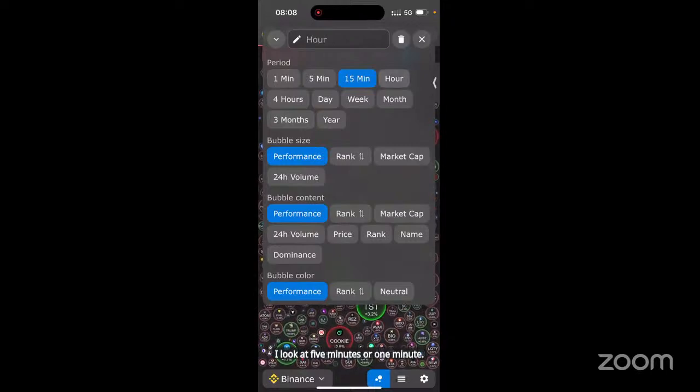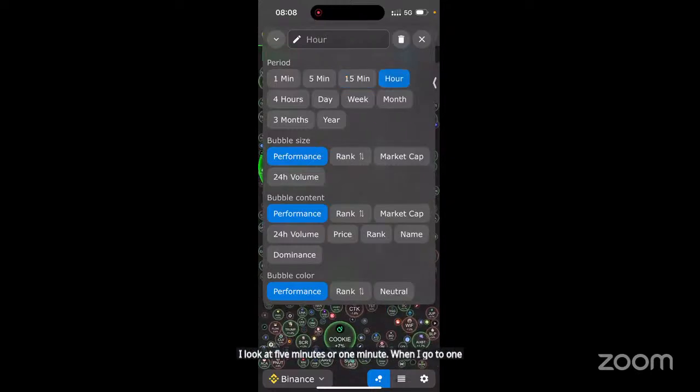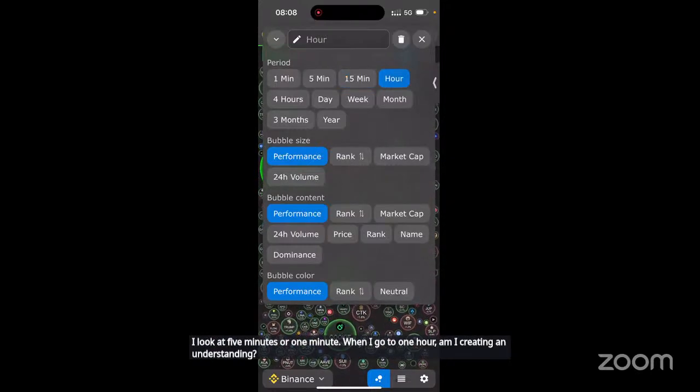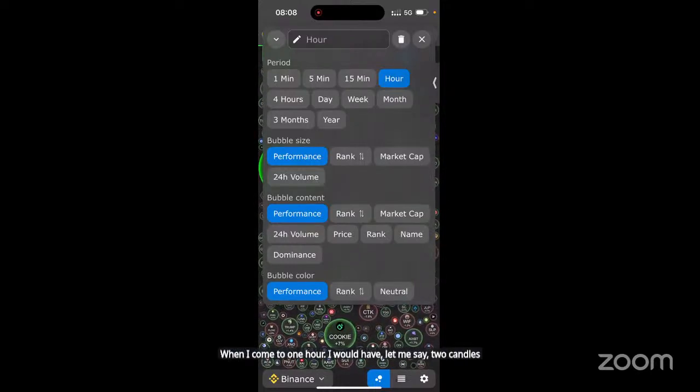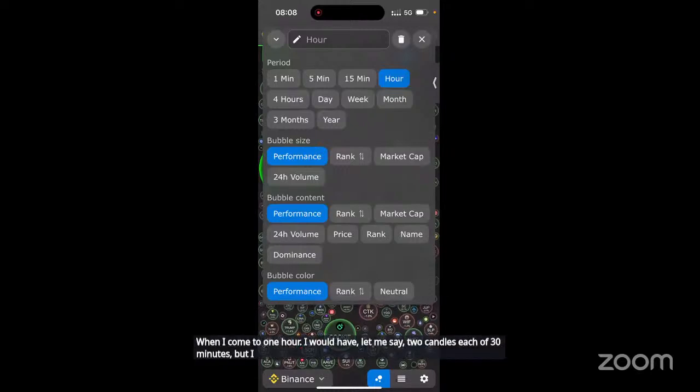When I go to 1 hour, am I creating understanding? When I come to 1 hour, I would have 2 candles, each of 30 minutes, but I have 1 candle in 1 hour.